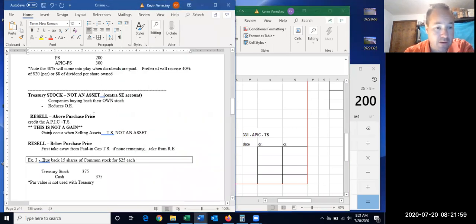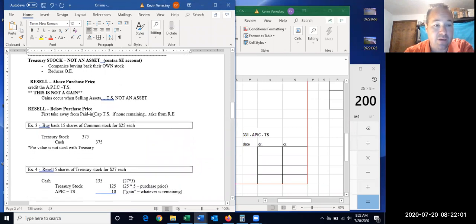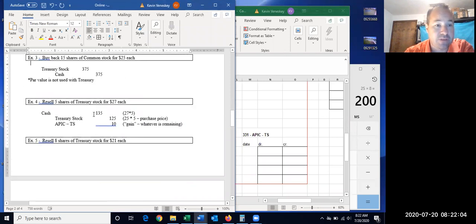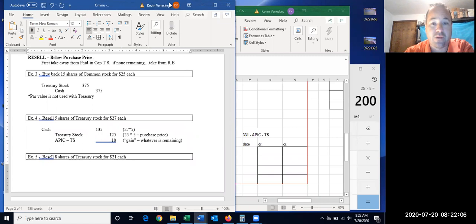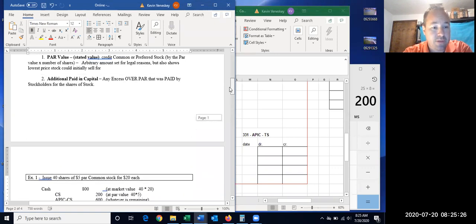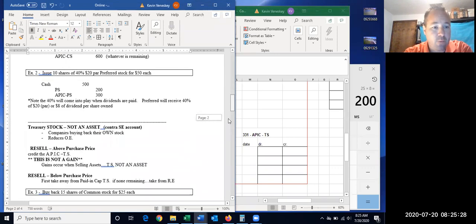All right. We're going to take a look at these examples, starting with number 3. Okay, so when we've already purchased that common stock up above, we purchased the 40 shares in example 1.